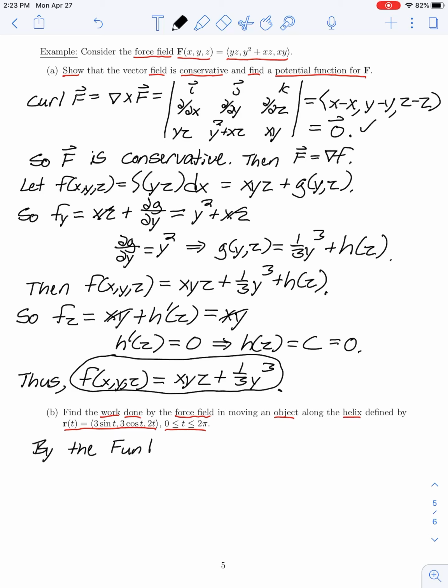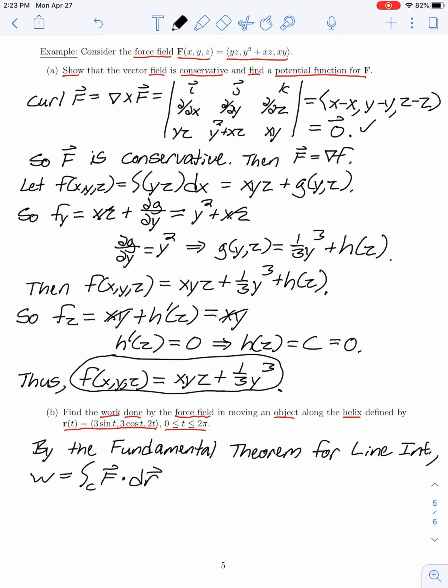So here we would say by the fundamental theorem for line integrals, the work done by that force field is given by the line integral over that curve C of our force field F dot dr. So the fundamental theorem says that that line integral can be evaluated as the difference in the values of our potential function f at the terminal point of my curve.